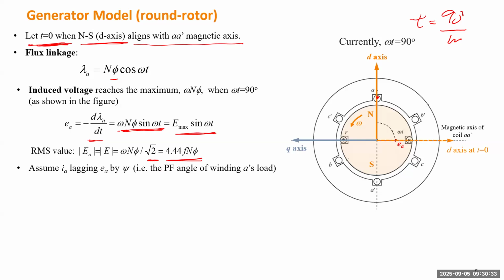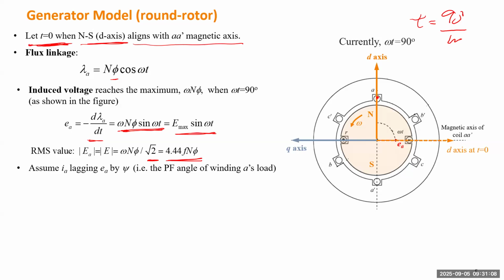Next, we want to determine the direction of the current. If we treat the generator as a source and everything else connected to winding A as the load, the entire load of this generator will have both active load and reactive load, so it will have both P and Q. This means the current in winding A will not be in the same direction as the voltage in normal conditions.